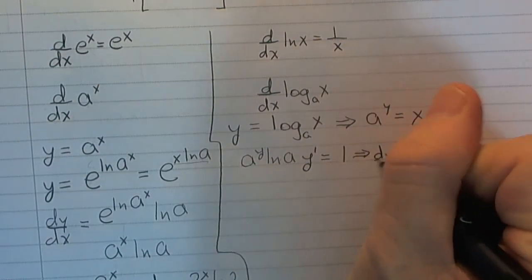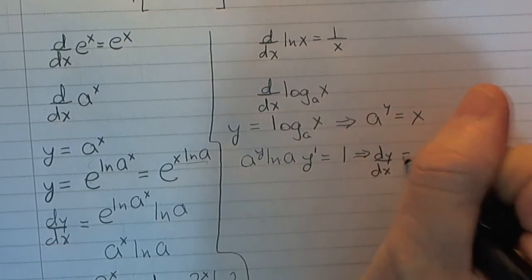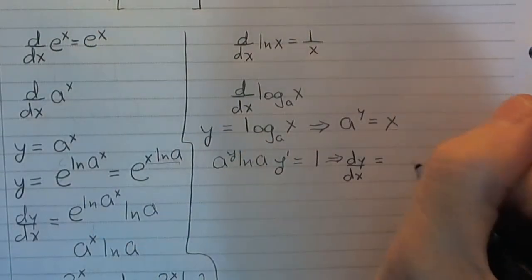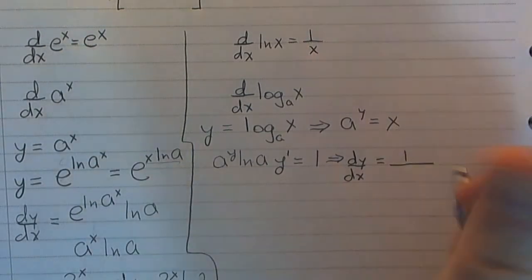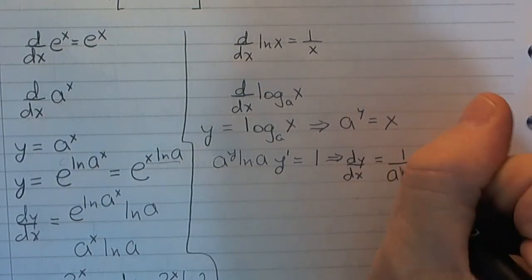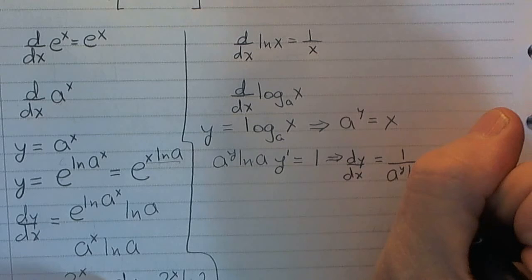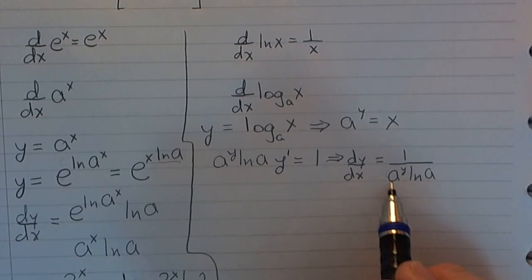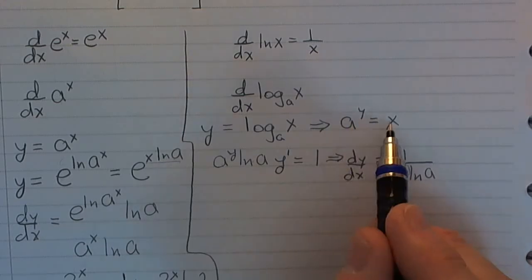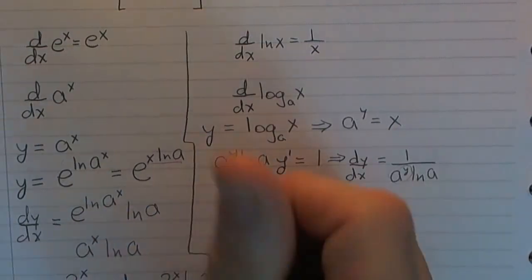I've got dy/dx is equal to 1 over a to the y log a. Yeah, there we go. Now, notice a to the y is the same as x. So here's what I have now.